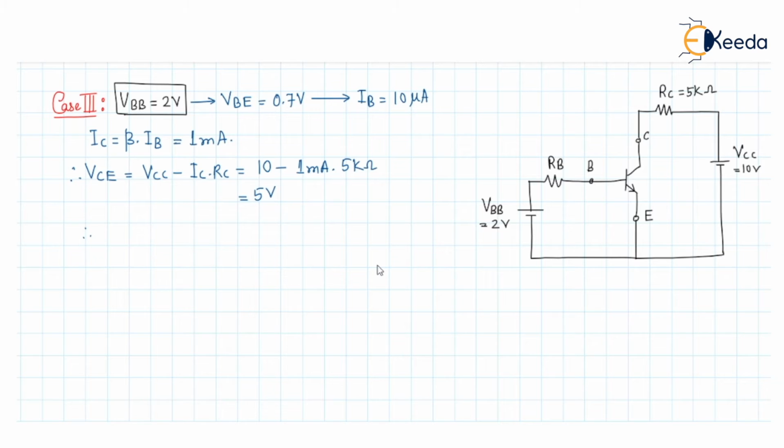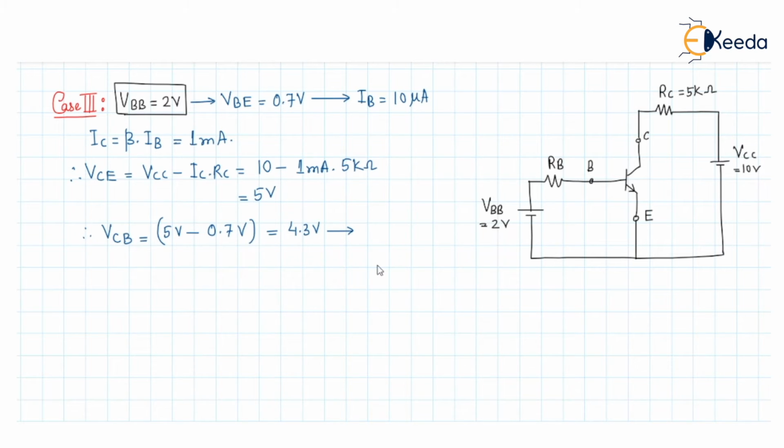So from VCE we can calculate the VCB. So VCB value right now will be 5 volt, that is VCE value minus the VBE value, and VBE value is 0.7 volt. So we can say that the VCB value will be 4.3 volt, which is a positive value.